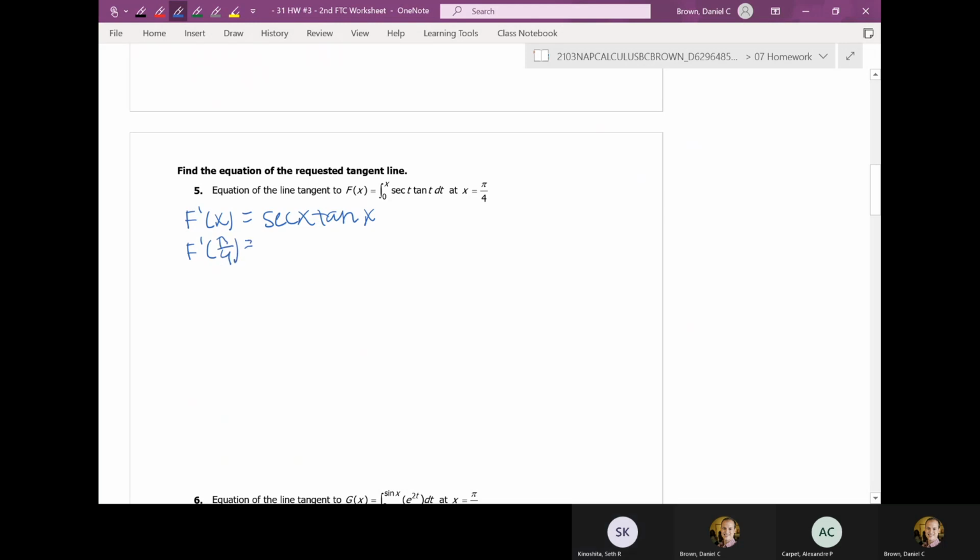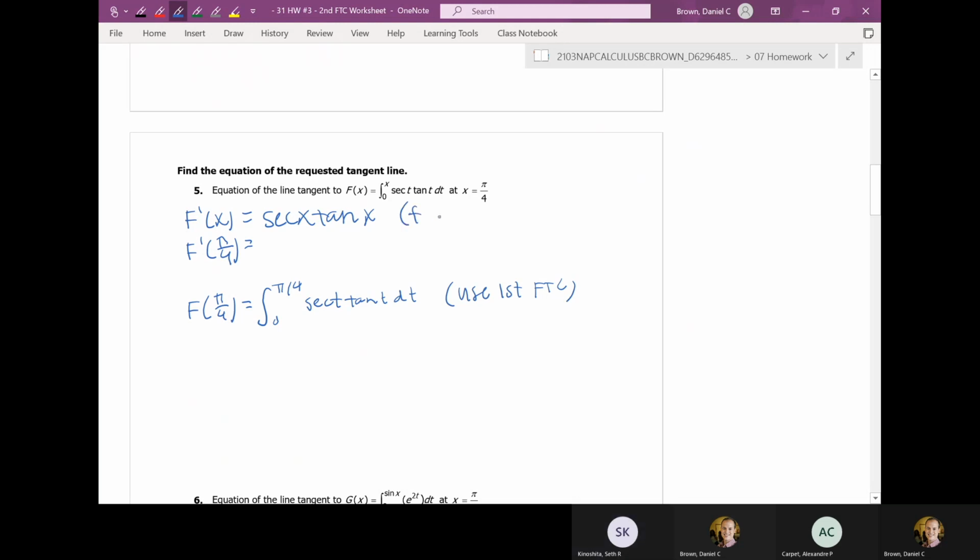Yes. You also need the point, and the point would be using the original function. Well, the original function would be an integral, so you would just evaluate that basically using the first FTC, like first semester stuff.